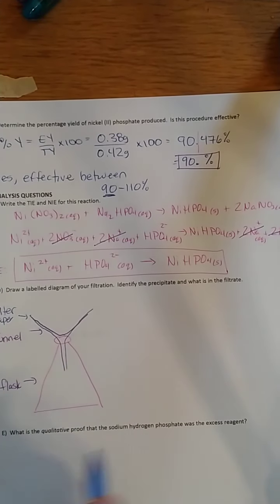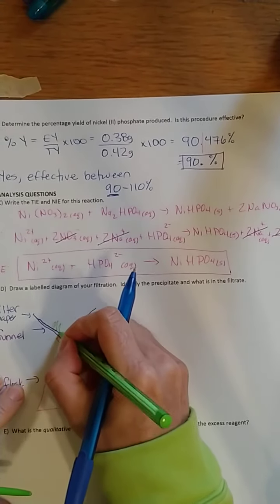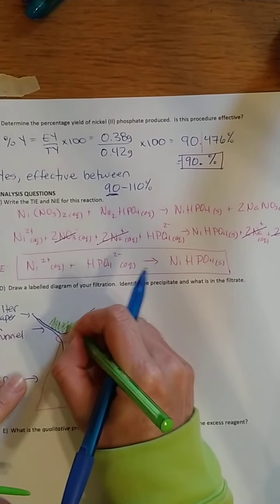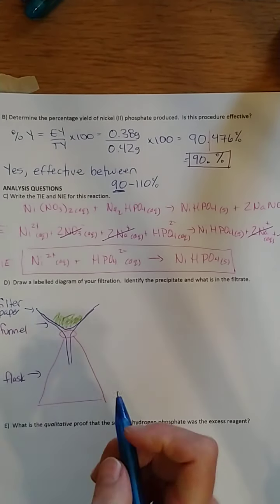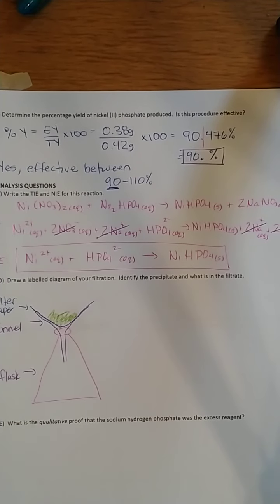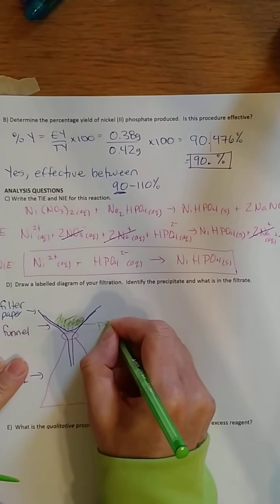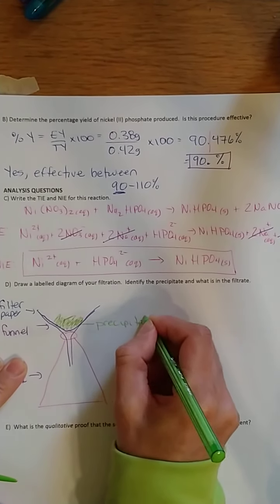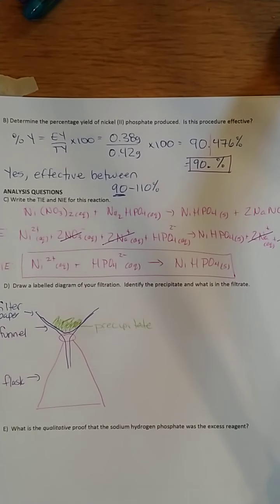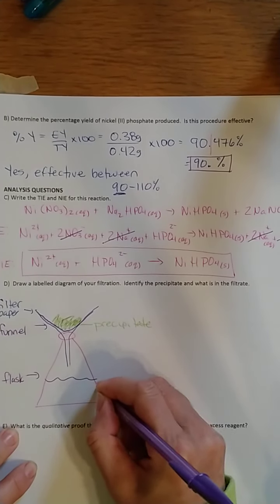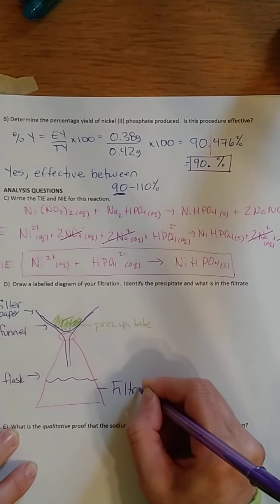Okay, in here we have our green precipitate. Okay, so this here is our precipitate. Okay, and then what's in here? Well, this is called the filtrate.